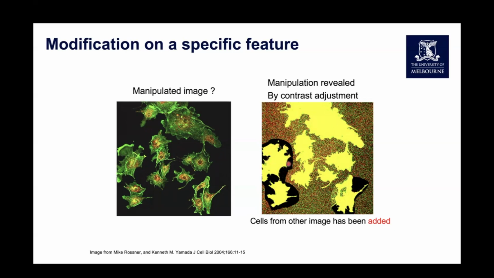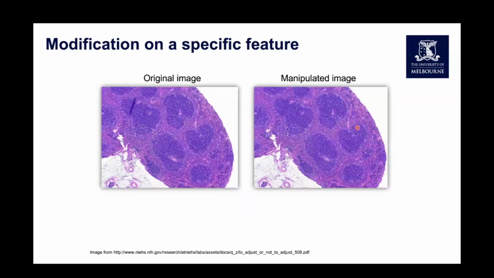It's very possible that these have actually been cut and pasted in from another image, and yet you wouldn't be able to see that very easily just from the raw data. The journal editors now are very aware of these types of modifications, so do lots of tests of the data that's being submitted to publications. Again, you don't want to be doing that.